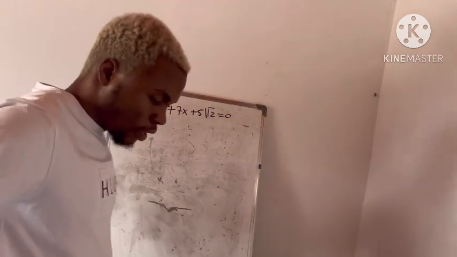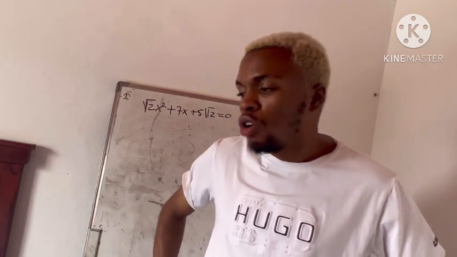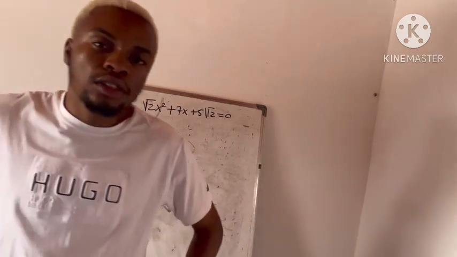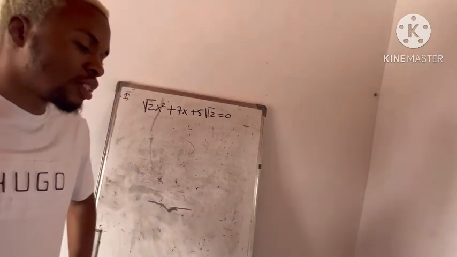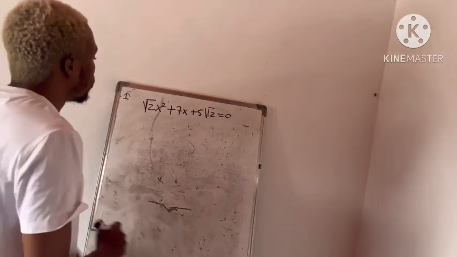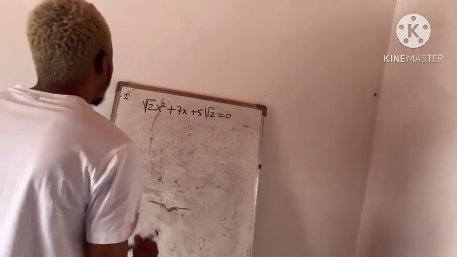So let's try the quadratic. Let's try using factorization and see what we can get out of it. So talking about using a quadratic formula to see what we could get out of this, first of all, you can identify your a.